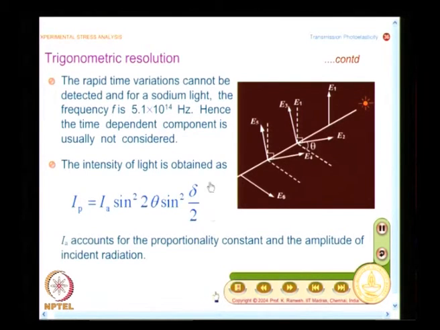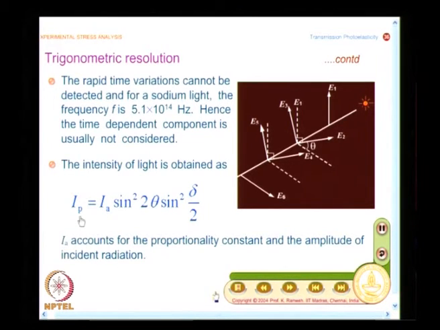So, with very simple mathematics we have been able to find out the intensity of light transmitted in a plane polariscope when a model is kept loaded. And we have said this intensity is proportional to the square of the amplitude. Whatever we have put as IA accounts for the proportionality constant and the amplitude of incident radiation.